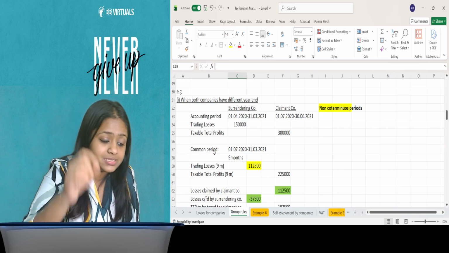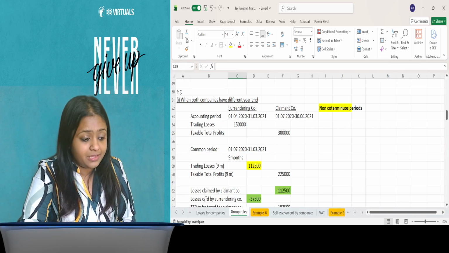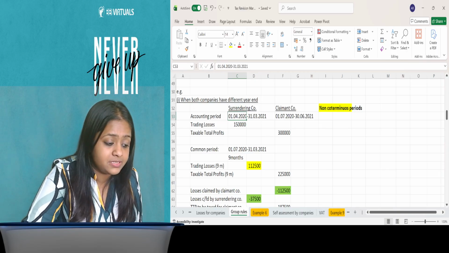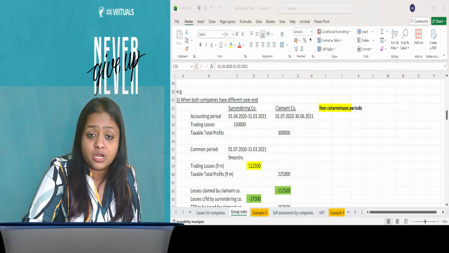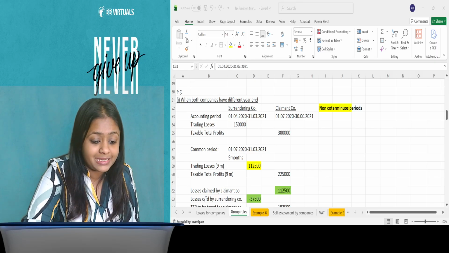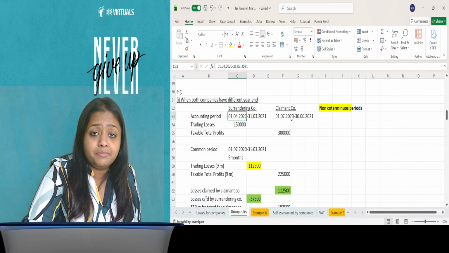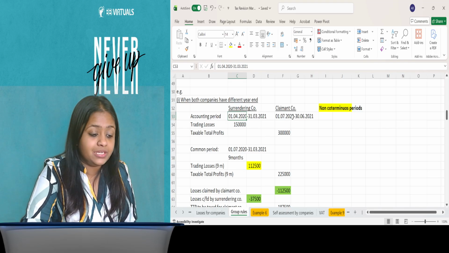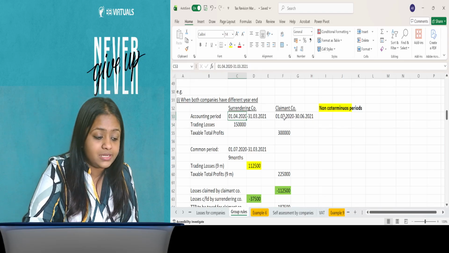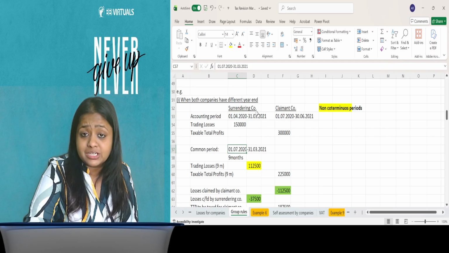Okay, now what does that mean? So let's take an example here. Let's say the surrendering company's accounting period is from 1st April 20 to 31st March 21. Okay, and the claimant company's period is from July 20 to June 21. What is the common period here? Common period is from July 20 to March 21.